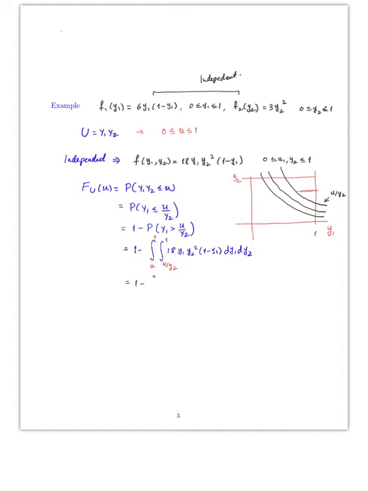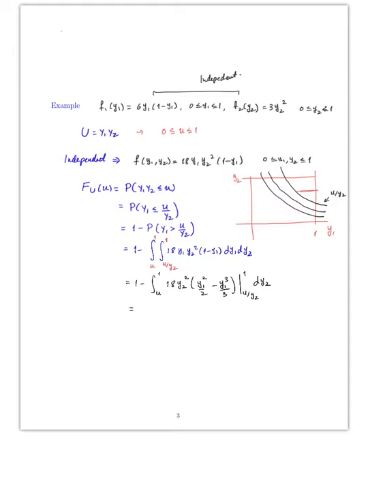Now the integration here is pretty easy, but it takes a while, but it's technically self-explanatory. So this will be the same thing as the integral from u to 1. If we integrate, this will be 18, you can take the y2 squared out, and then this will be y1 squared over 2 minus y1 cubed over 3, all of this from u over y2 to 1, dy2.